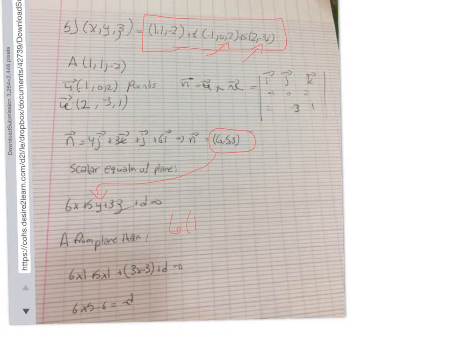It should look like this: 6 times 1 plus 5 times 1 plus 3 times negative 2 plus d equals 0. And then you have 6 plus 5 minus 6 plus d equals 0. So 5 plus d equals 0, and d should be minus 5 for that equation.